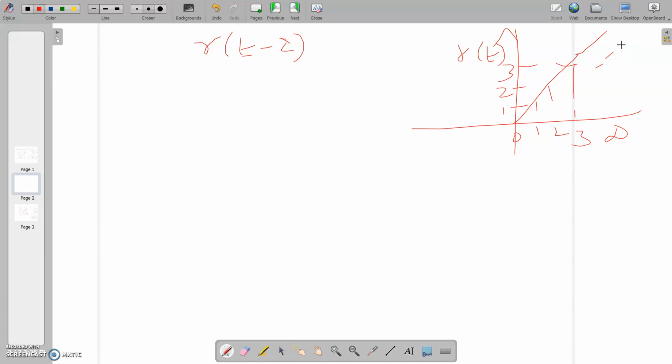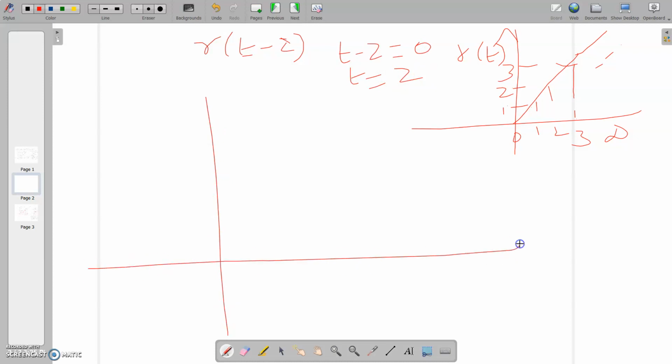So r of t minus 2 means, as usual, substitute t minus 2 equal to 0, I will be getting t is equal to 2. So right shift your signal by 2. So I will be adding 2: 0 plus 2 becomes 2, 1 plus 2 becomes 3, 2 plus 2 becomes 4, going on up to infinity.